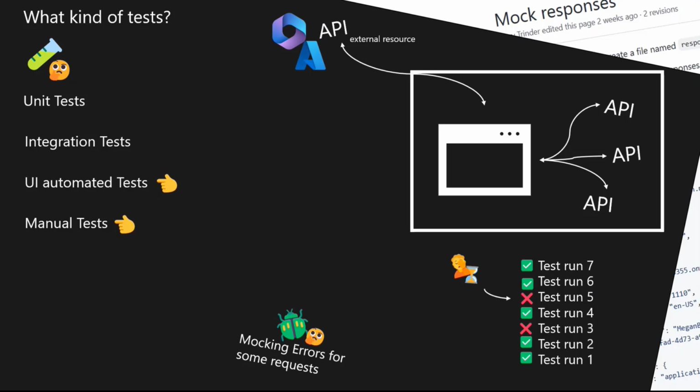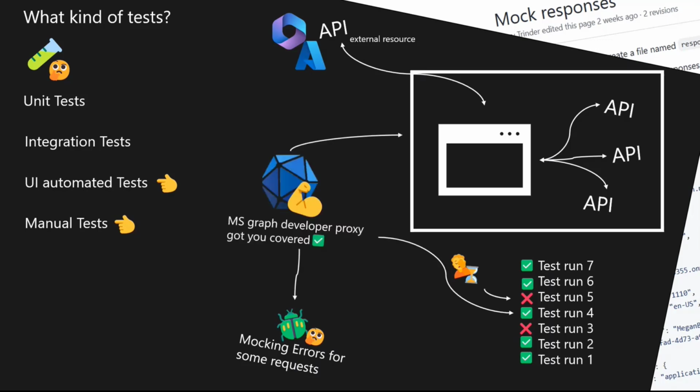All of this would need to be developed as part of a setup script or a pipeline that runs before the UI automated test. So as this imposes additional complexity, usually UI automated tests cover the success path, when everything goes fine.